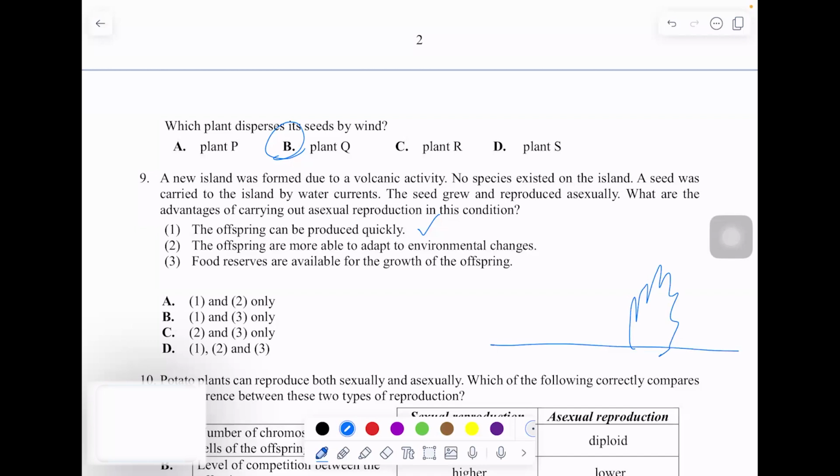And for example, it would like to have a more dried area. Then in this case, they can easily reproduce themselves. But now the environment changes, and flooding keeps occurring.